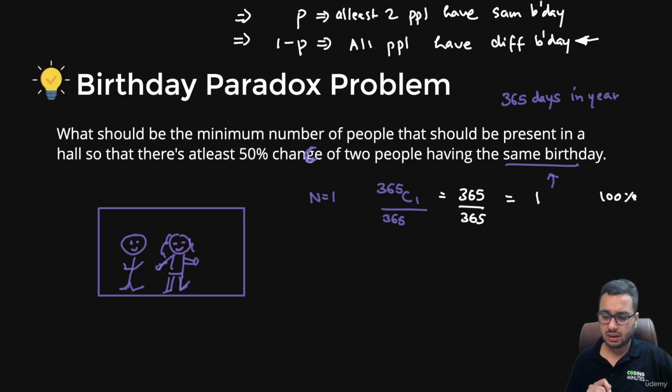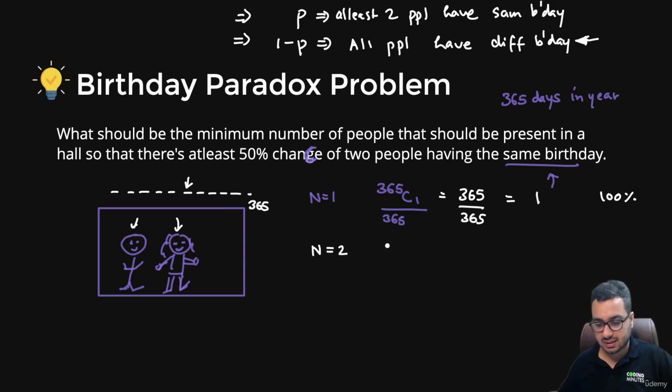Now let us talk about n equal to 2. If there are two persons in the hall and I want them to have different birthdays, the first person can choose any one day out of 365 days. So the first person has 365 options out of 365 available options.